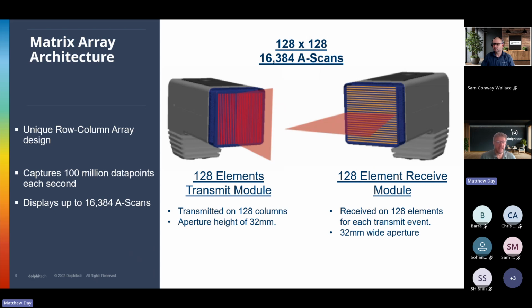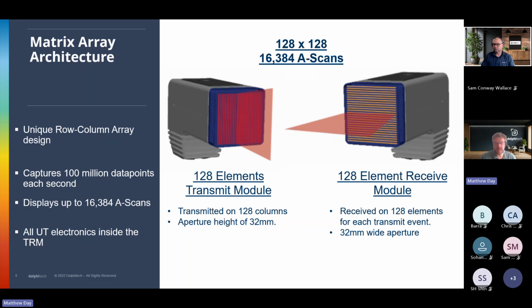So at any one time during live capture, we're capturing hundreds of millions of data points each second. This corresponds to being able to display 16,384 A-scan data points within the footprint of the transducer.